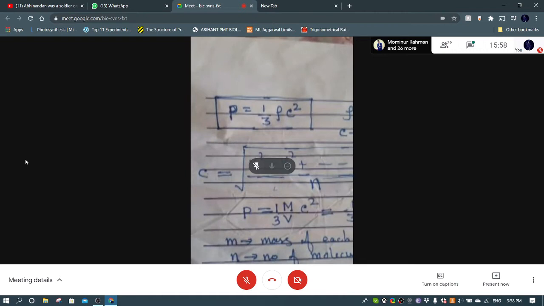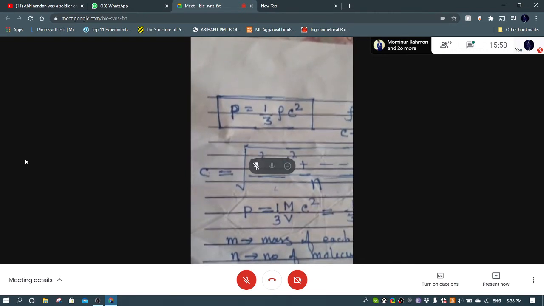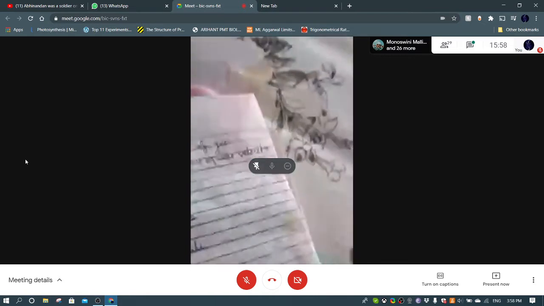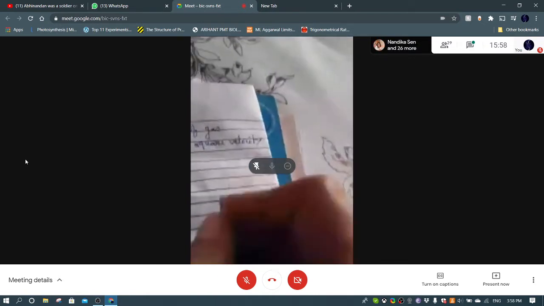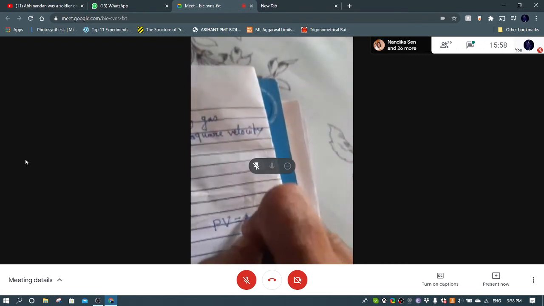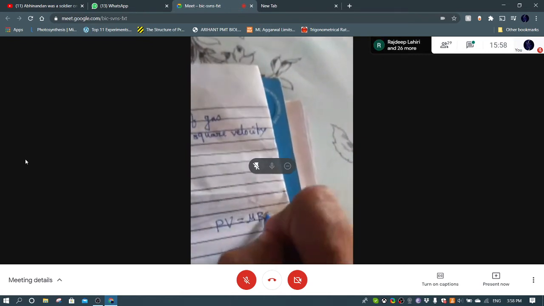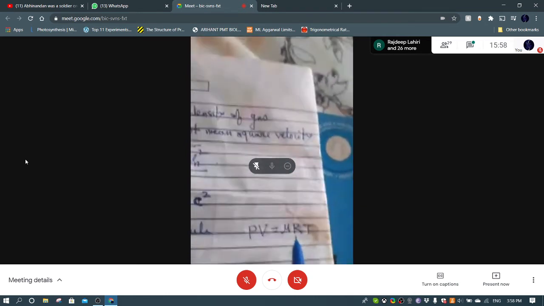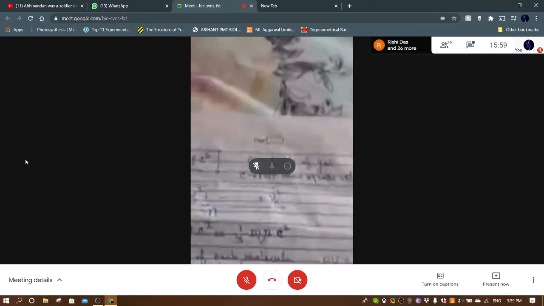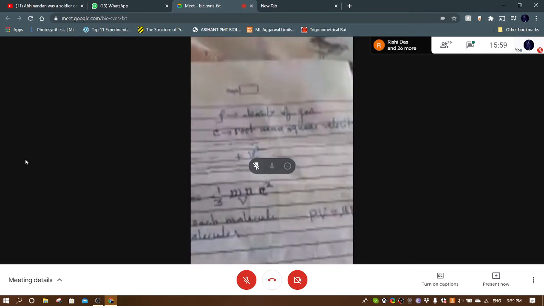Any problem? Now you know the kinetic theory, before that in the gas equation PV equals mu RT. That is why we write mu, because otherwise if I give this n, then it will mix with this n actually. Okay, that's why we write mu, which is the number of moles.